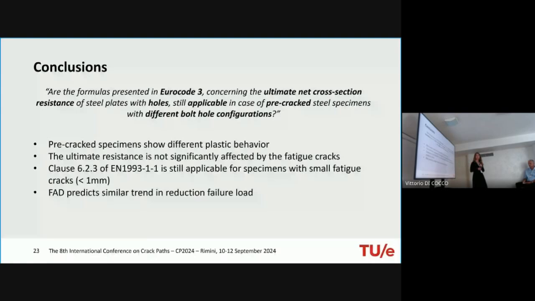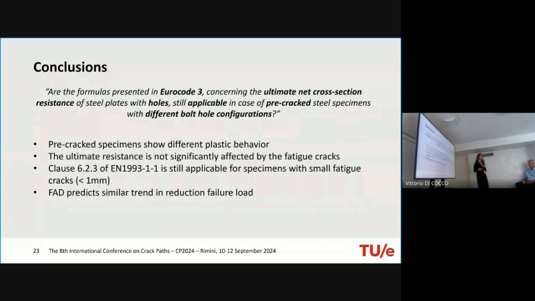Also, the ultimate resistance for small cracks below 1 millimeter does not significantly change when cracks are present. That's why the rule 6.2.3 is still applicable for specimens with small cracks.